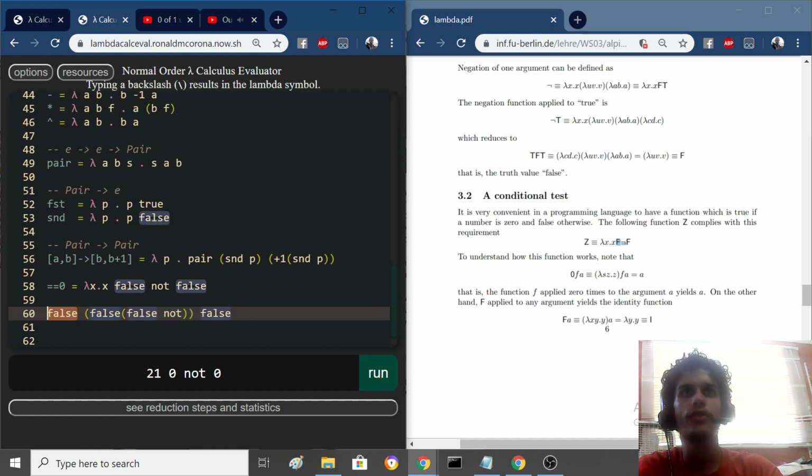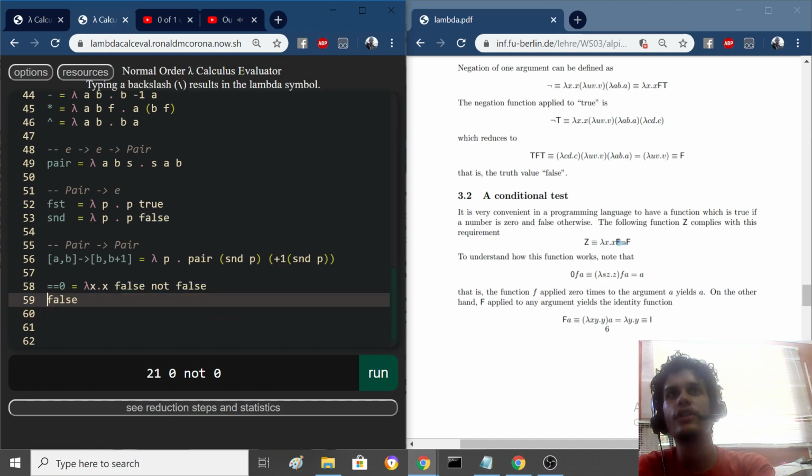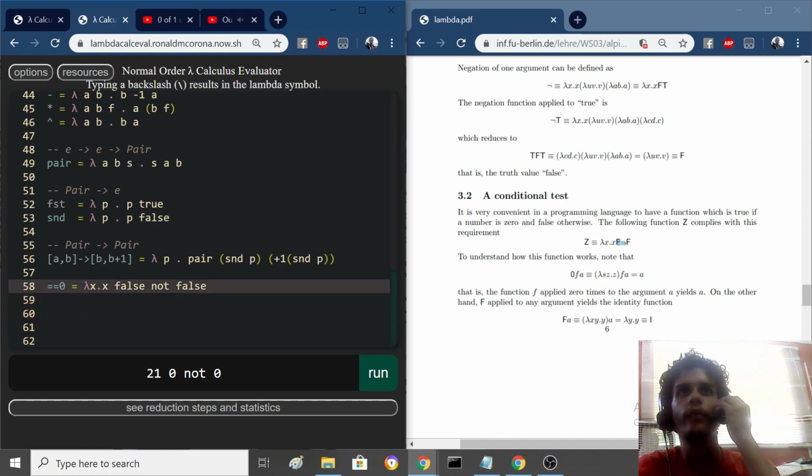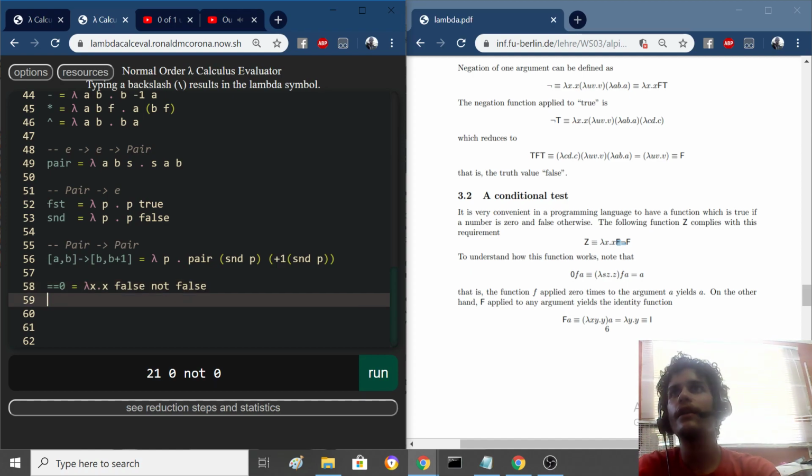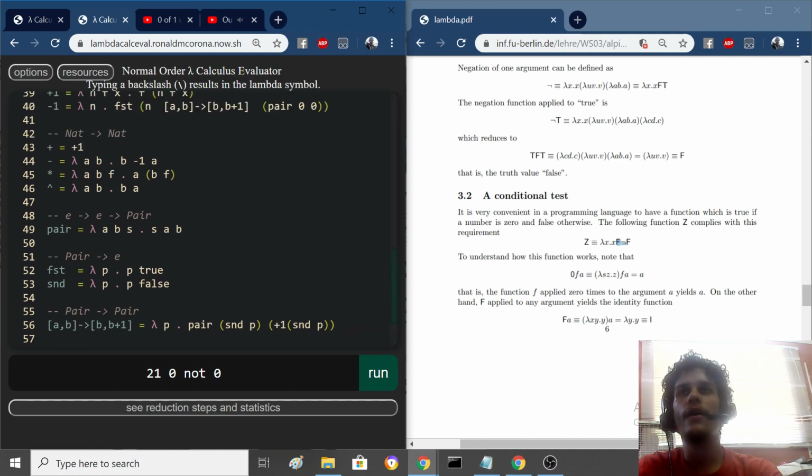And what does false do? It takes 2 things. Here's the first thing. It takes this. And here's the second thing. It takes 2 things and gives you the second thing. So it's going to select this, which is false, which is what it should give us if we give it any number other than 0. So there you go. That's how we could explain the equals 0 function. All right.